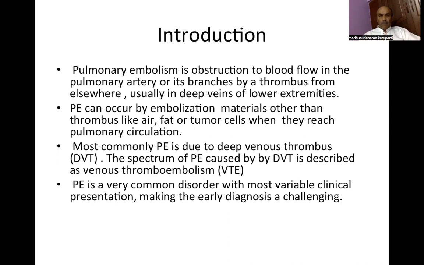Well, as such, pulmonary embolism is a very common disorder with the most variable clinical presentation, making the early diagnosis challenging. That is the reason why there is a high rate of morbidity and mortality.